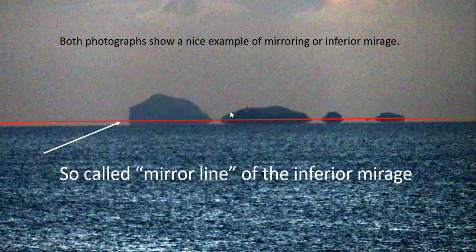However, both photographs also show a nice example of an inferior mirage, or mirroring, near the horizon. From the higher elevation, the so-called mirror line appears where the red line is here. Anything between the hard horizon line of the water and the red line, the mirroring line, is an inverted image of what is directly above the line.